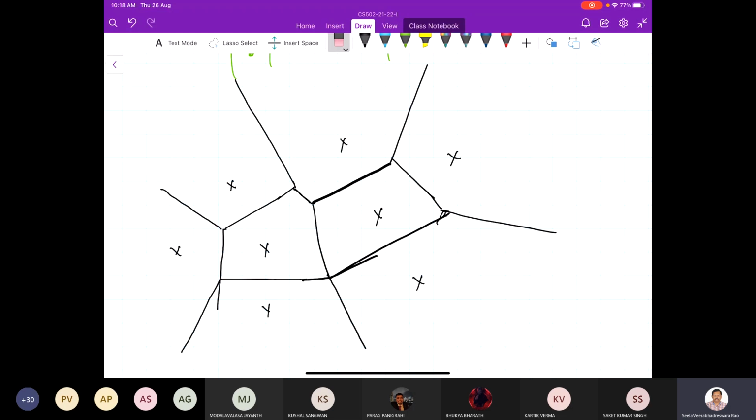Yeah, these four points are meeting here. Okay, this I wanted to avoid, but the points are such that these four points are meeting at one location. It will be something like this.